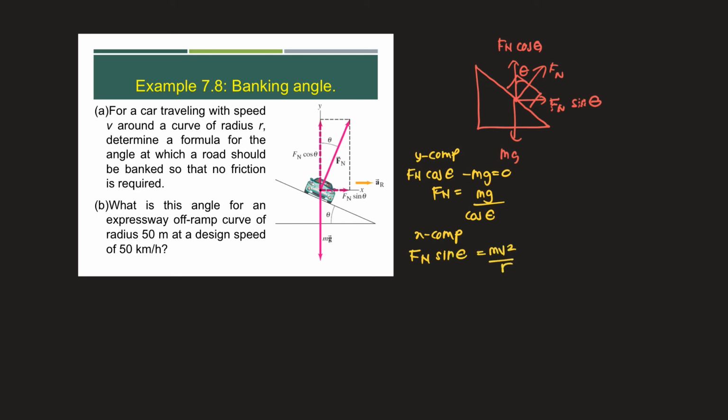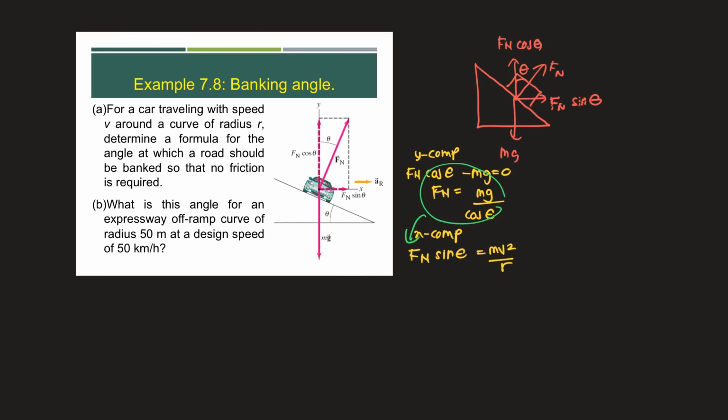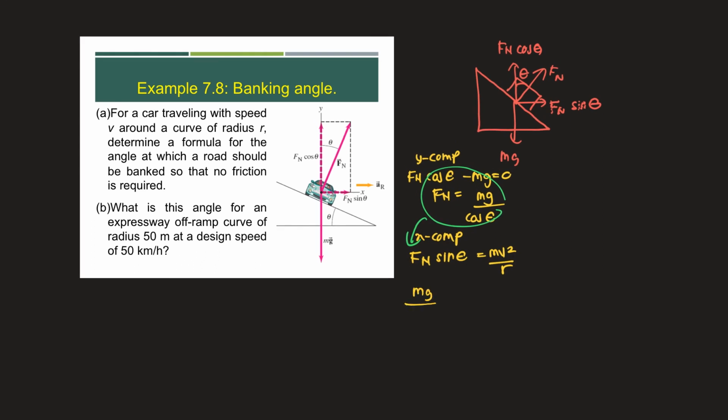So just substitute this Fn into this one. So you are going to get mg over cos theta times sine theta equals mv squared over r. So mass can be cancelled here. So you are going to get tangent theta equals v squared over rg.